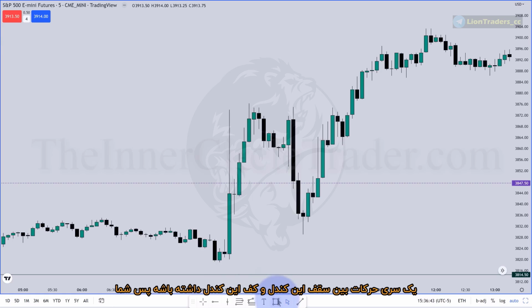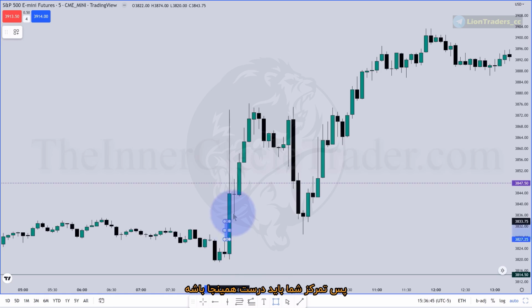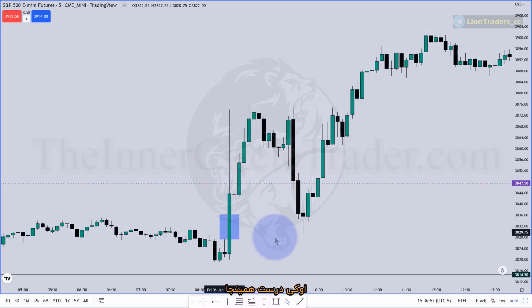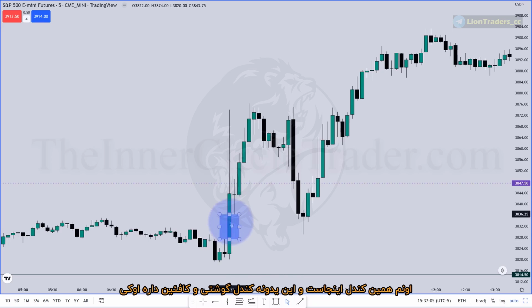So your focus should be right in here, this range, this candle's high and this candle's low. There's only one candle between those two candles. It's this one here, and it's one big beefy caffeinated candle.